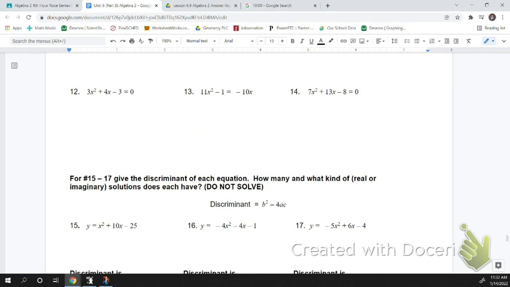Number 12, 13, and 14, they're not factorable, so I use the quadratic formula. So a is 3, b is 4, c is negative 3, and then we're going to plug it into the quadratic formula.